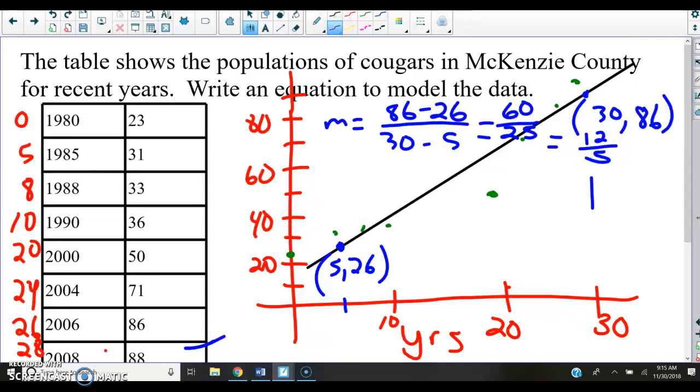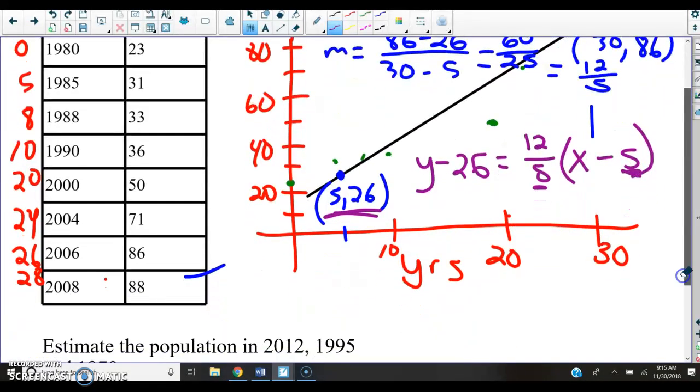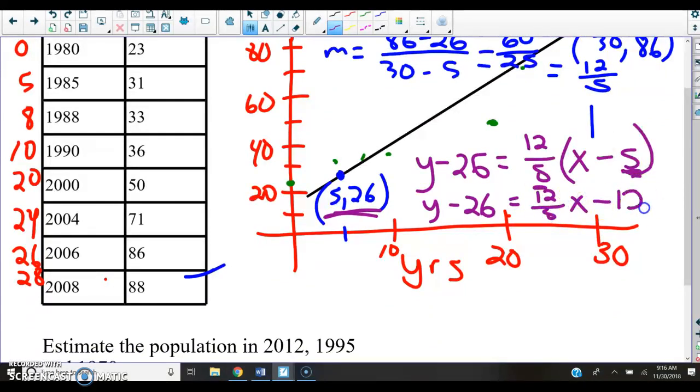It's not too great. So then my equation would be y minus, let's use the easier point, 26 equals 12/5 times x minus 5. This one, because this is a 5 and this denominator is 5, is not hard to put into standard form. I'm going to distribute that this time. So I'd have 12/5 x minus 12, and if I add 26 to both sides, I'd have y equals 12/5 x plus 14.